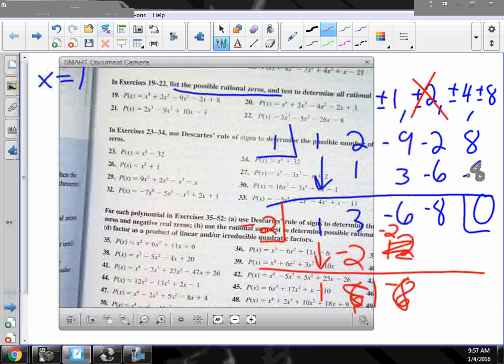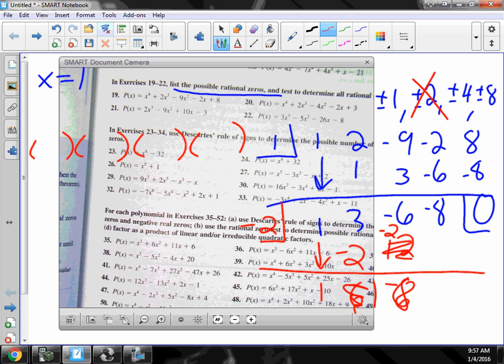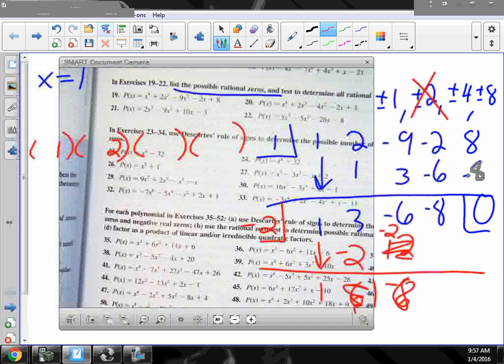Well, it still could be 4. We don't know. Well, actually, good job, Jason. I see what you're saying. How do we know it's not 4? If I have 4 factors, if one of them is a 1 and one of them is a 2, then one of them would either have to be a 2 or a 4.